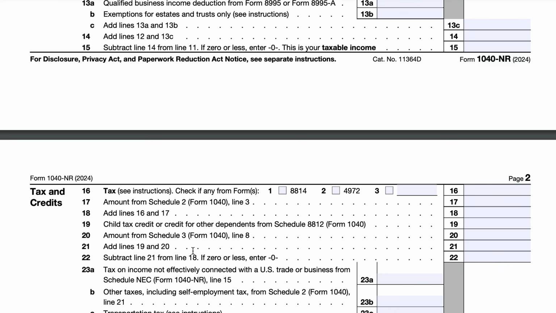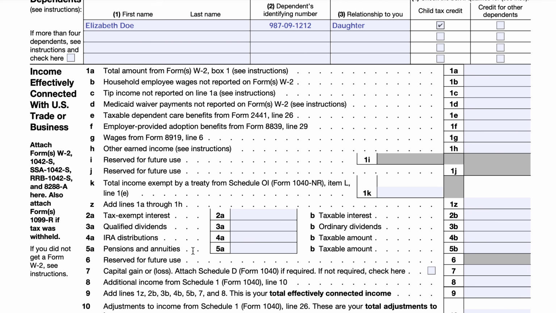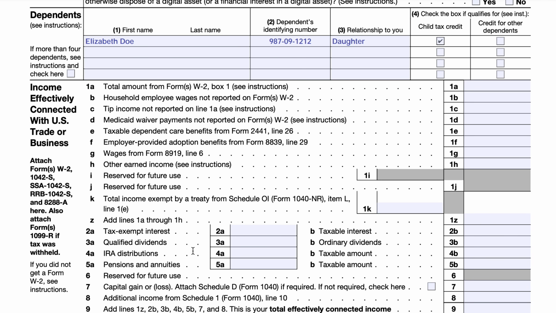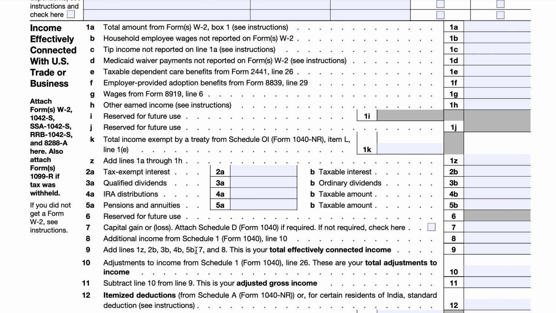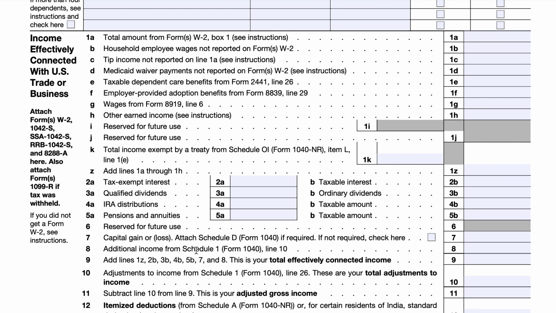and the signature portion. So for this video, to make it easier to consume, we're going to focus specifically on lines 1A through line 15. These are the total amounts that are associated with income effectively connected with a U.S. trade or business. So we'll go through line by line.